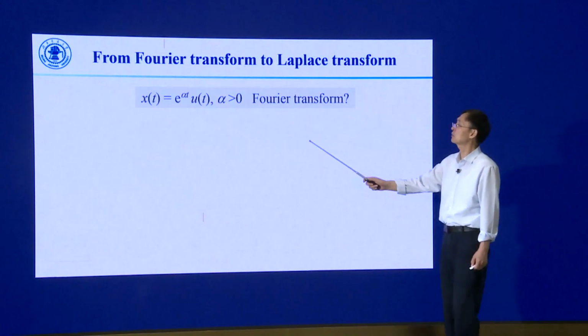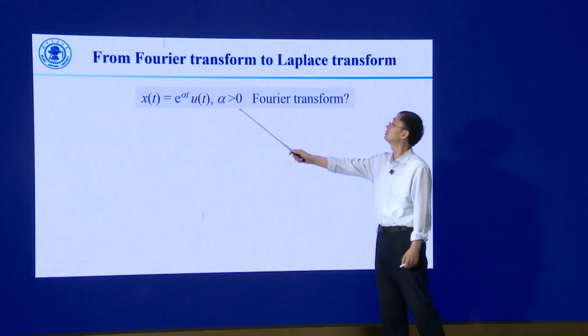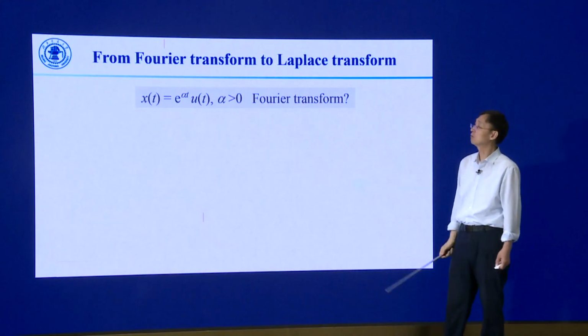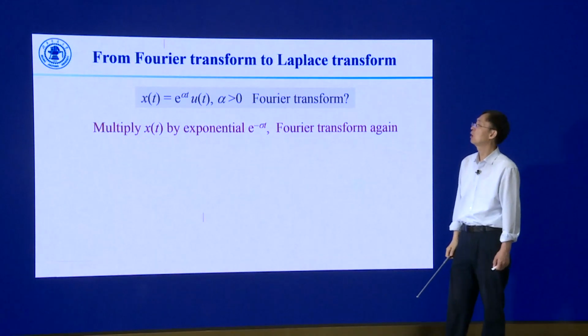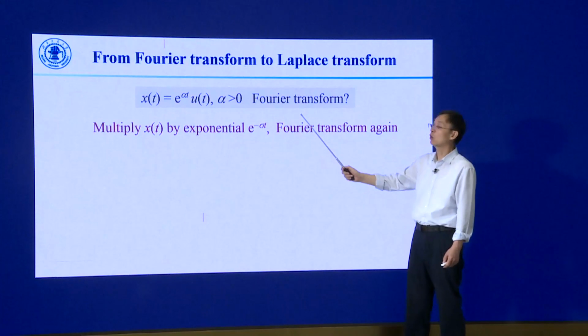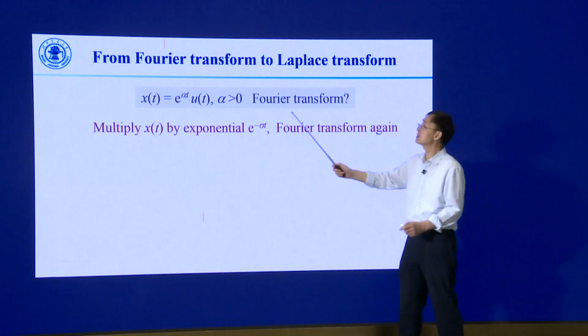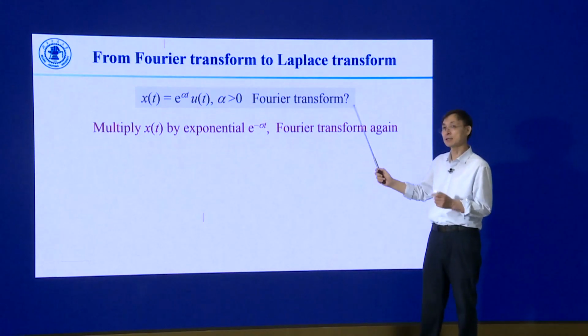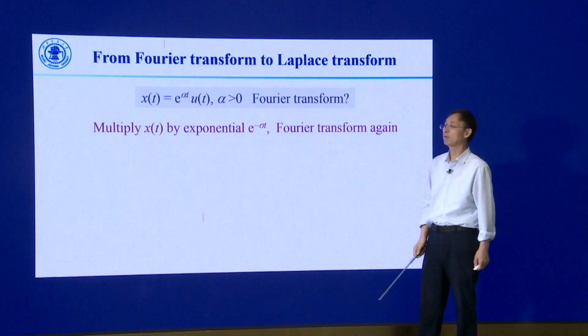For this exponential signal, how do we get its Fourier transform? If alpha is greater than 0, we have known this exponential signal doesn't have a Fourier transform.